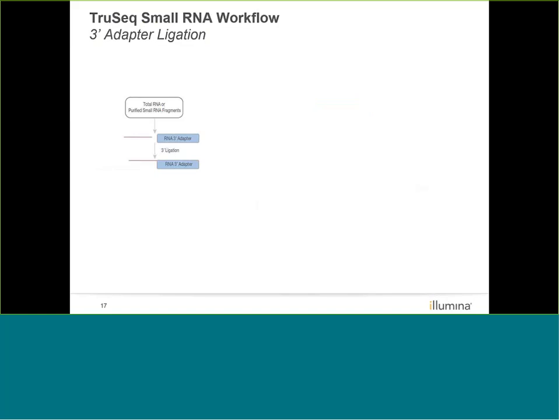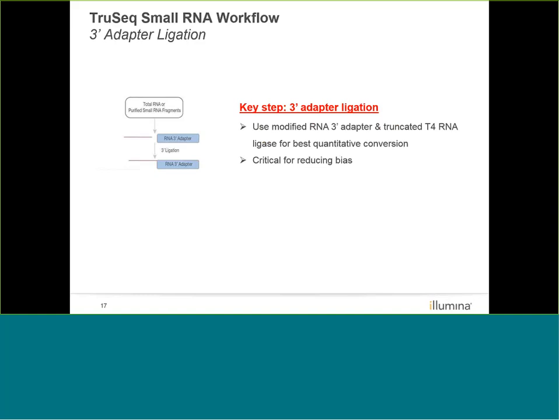Now we're going to move on to the protocol. I'm going to talk about the key step in the protocol, which is the 3' adapter ligation, and that's also the very first step in the protocol. Remember, we talked about how the most important thing in small RNA sequencing is to avoid bias. Bias can be introduced during the library preparation.